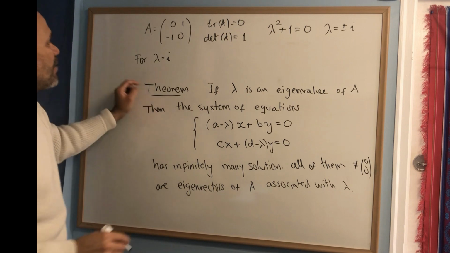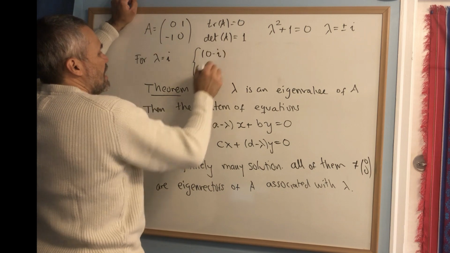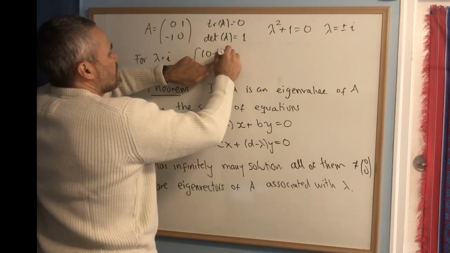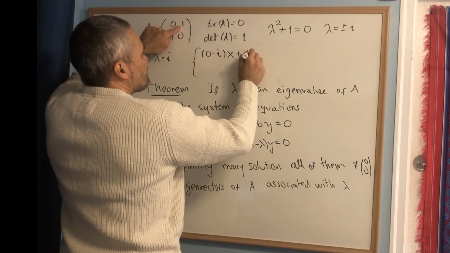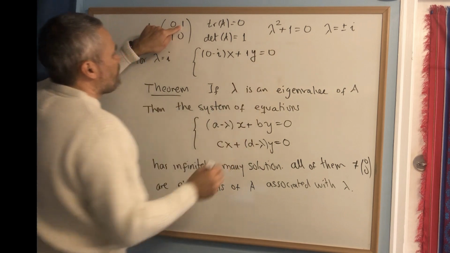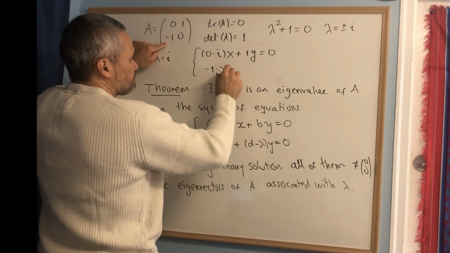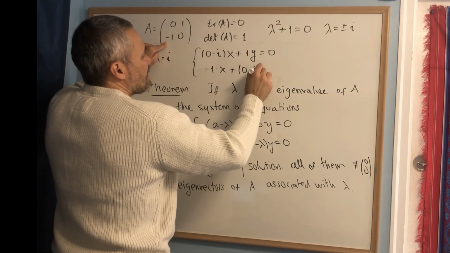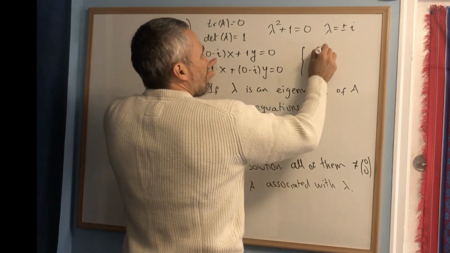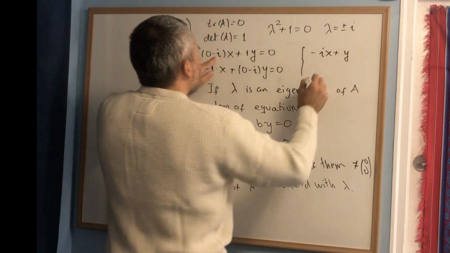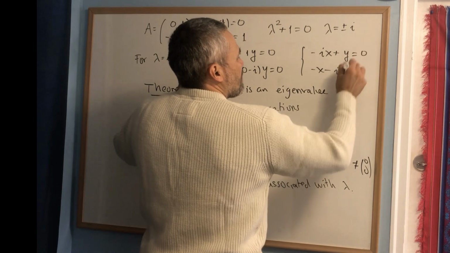Then according to this theorem, the system of equations is (0 minus i), 0 minus lambda, times x plus b, 1, times y equals 0, and c, which is negative 1, times x plus (0 minus i) times y equals 0. That is the system negative i x plus y equals 0 and negative x minus iy equals 0.